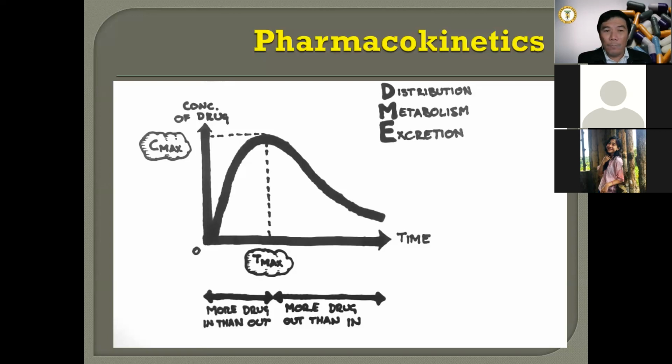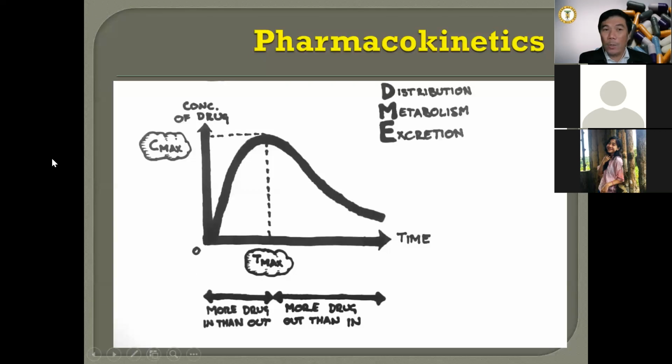So with that effect of the drug, it is very important and very much rationalized that the drug must be given at the right time and frequency. If we say half-life, that is 50% effect of the drug, and bioavailability is already the 100%.